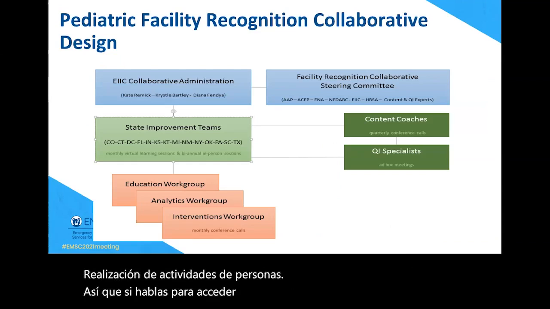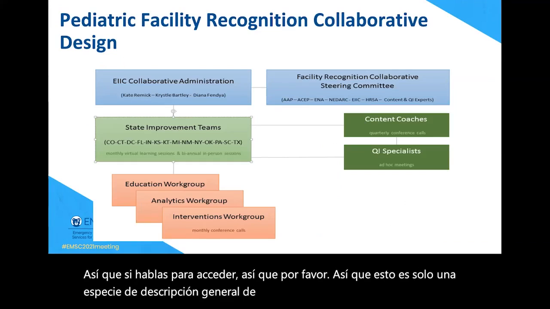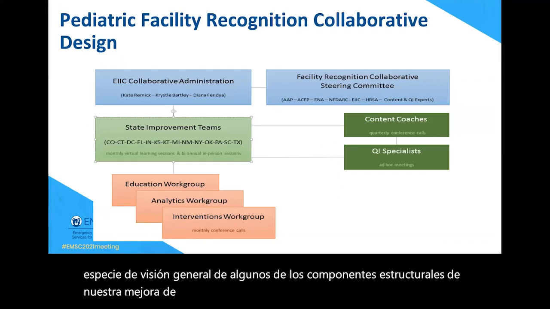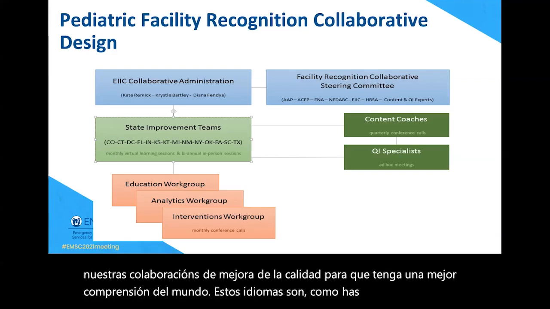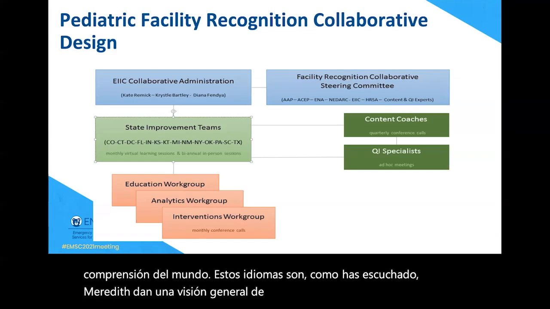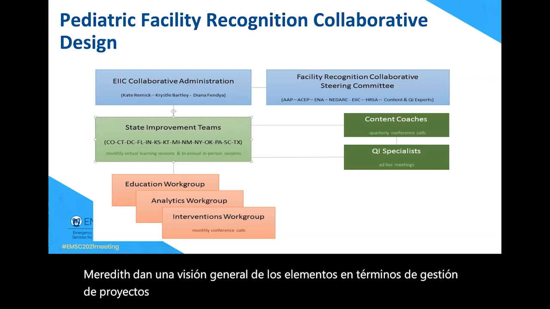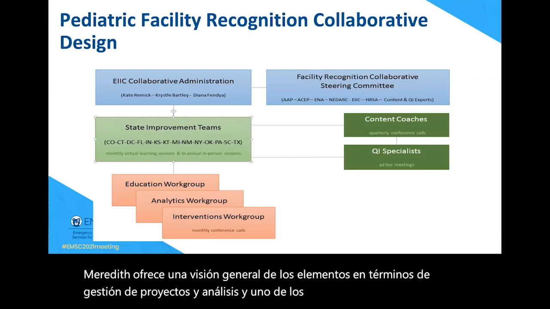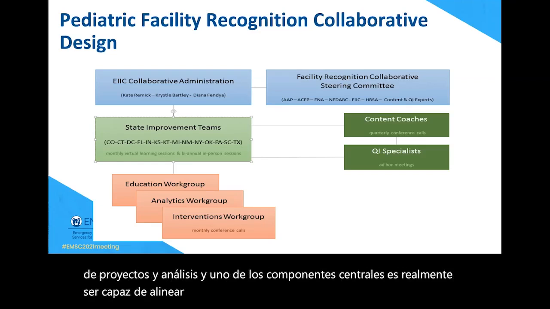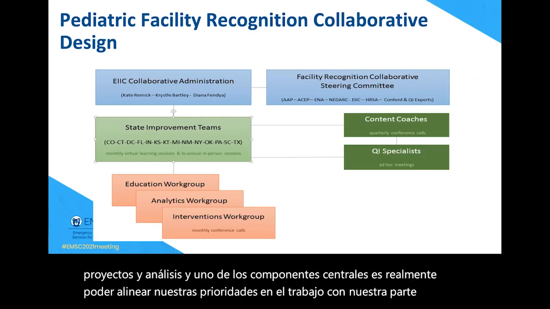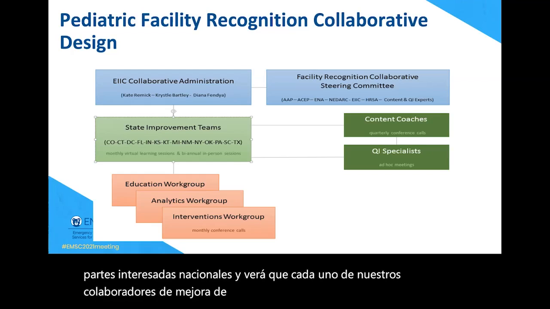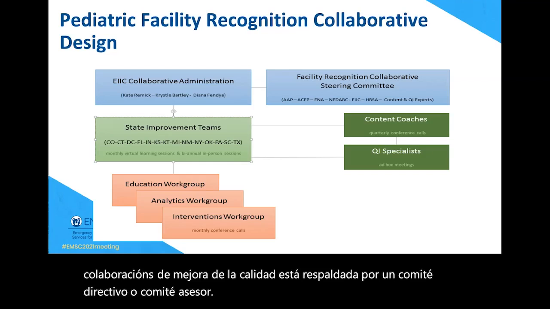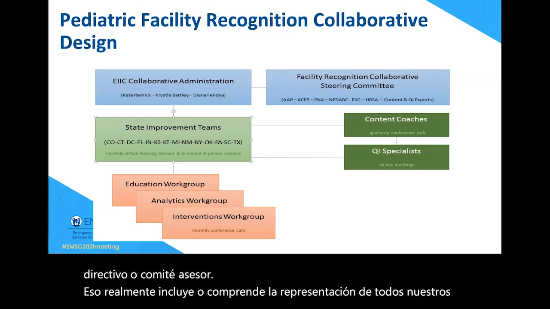So this is just an overview of some of the structural components of our quality improvement collaboratives so that you have a better understanding of where all those linkages are. As you heard Meredith give an overview of the elements in terms of project management and analytics and the like, one of the core components is really being able to align our priorities in the work with our national stakeholder groups. And you'll see that each of our quality improvement collaboratives are supported by a steering committee or an advisory committee that really comprises representation from all of our national professional partners, as well as other stakeholder entities.